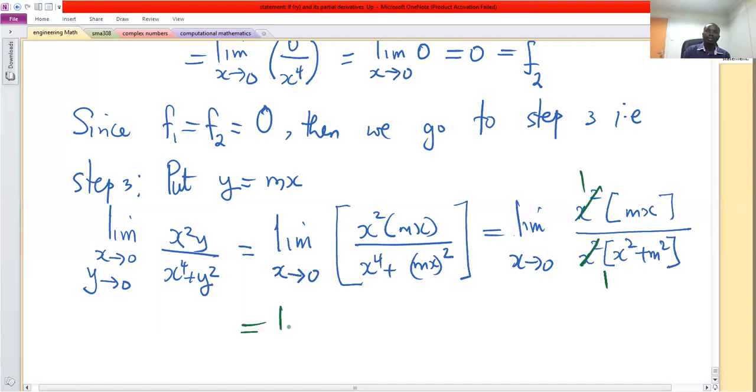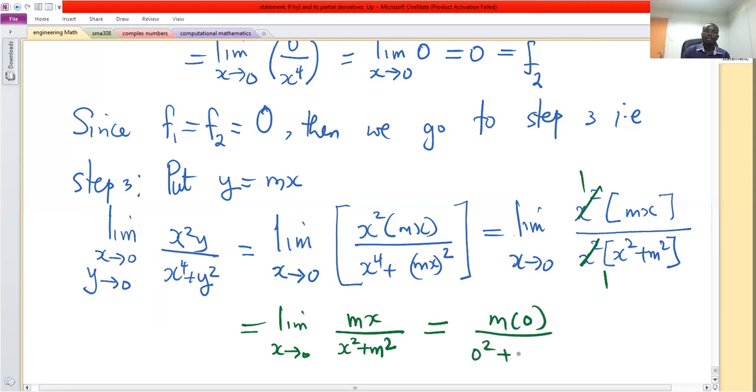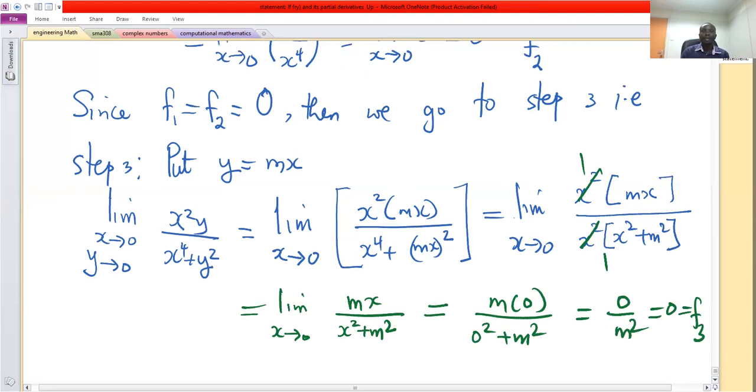So we have the limit as x approaches 0 of mx over x squared plus m squared, which by direct substitution is m times 0 over 0 squared plus m squared, which is 0 over m squared, which is 0. Call this one f3. So the values of f1, f2, and f3 are the same.